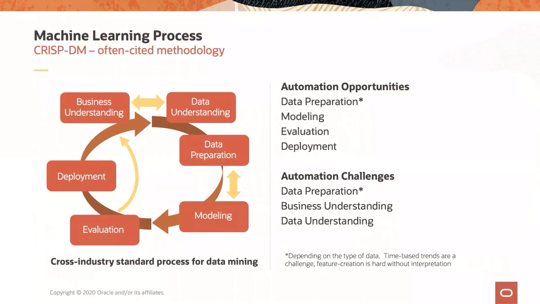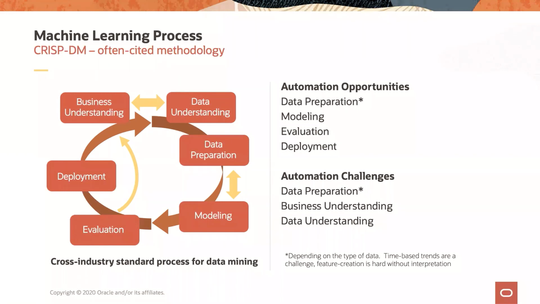So there is a very famous CRISP DM methodology, and that was created a while ago by many companies, and then it became part of SPSS, then became part of what IBM was working with.